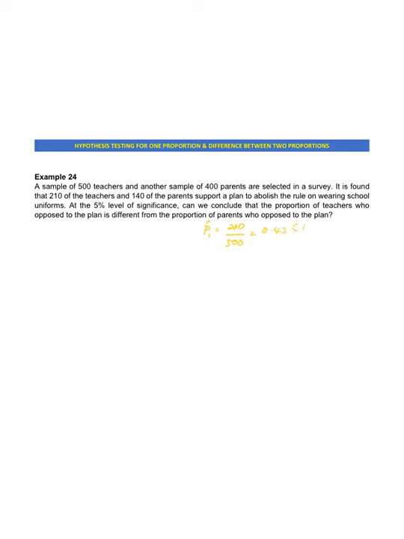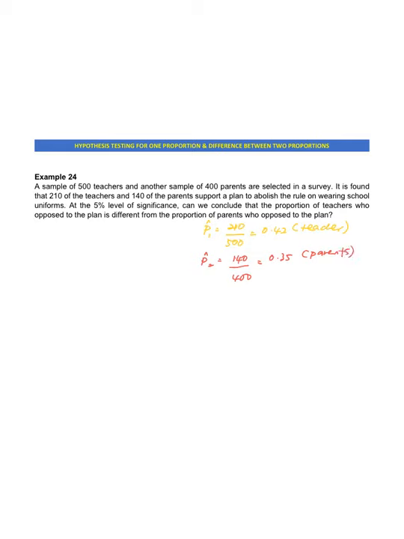This one is for teachers. For p̂2 we have the parents. The parents who support is 140 over 400, which is equivalent to 0.35. So this one is parents.